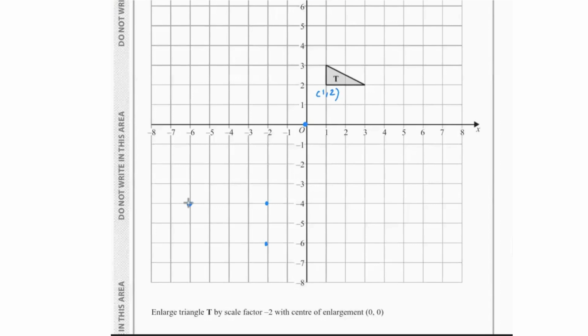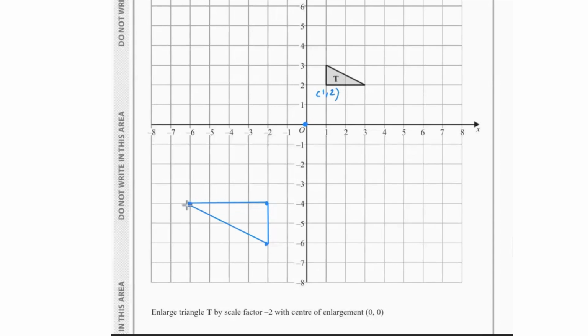So now if you compare the shapes, your enlargement is in the opposite direction, so the negative quadrant, because of the scale factor being negative. If it was positive, it would be in the same direction, probably on the positive side. And you can even check if the shape is correct by joining the corresponding points and seeing if they're passing through the center of enlargement or not.